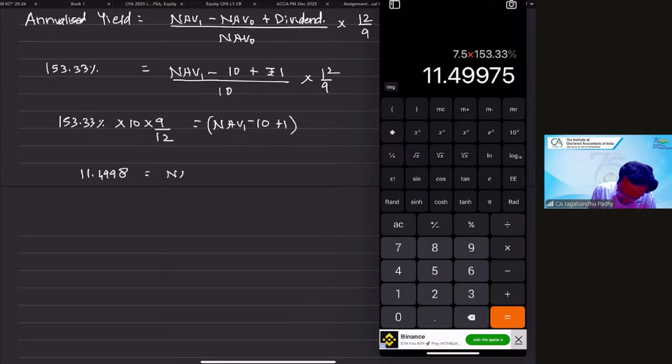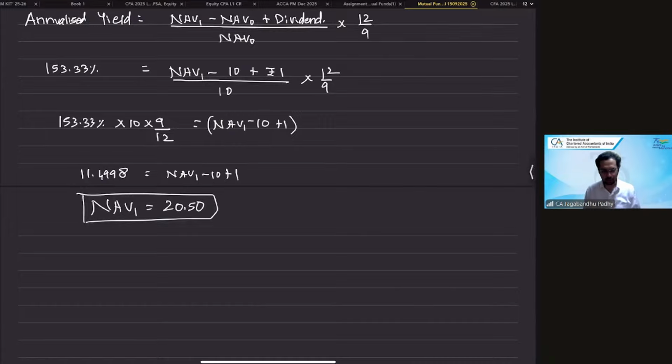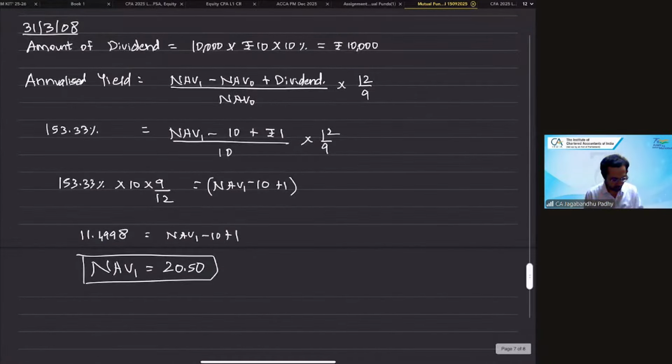So this is going to be plus 10 and minus 1. So 11.4998 plus 10 minus 1, which is 20.4998, or 20.50 we can say. So NAV is going to be 20.5.